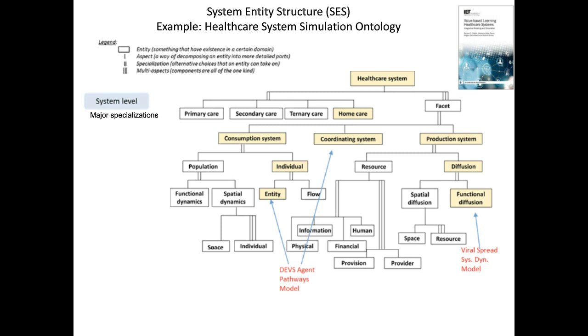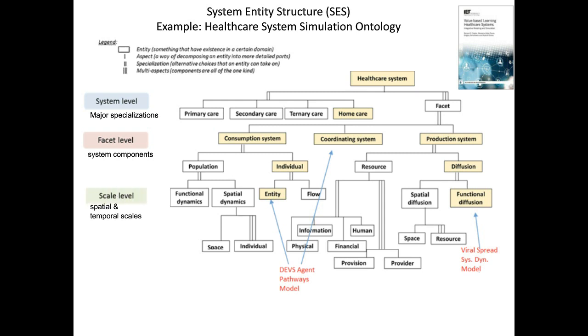So we start with the system level, where there's major specializations, like different types of care, and the facet level, where we have the system components, thinking of a healthcare system as consumption and production, and production might be production of diseases, and consumption is disease spread through the population, and the coordination, which is related to how you can try to keep the spread contained, as we know today is a major problem.